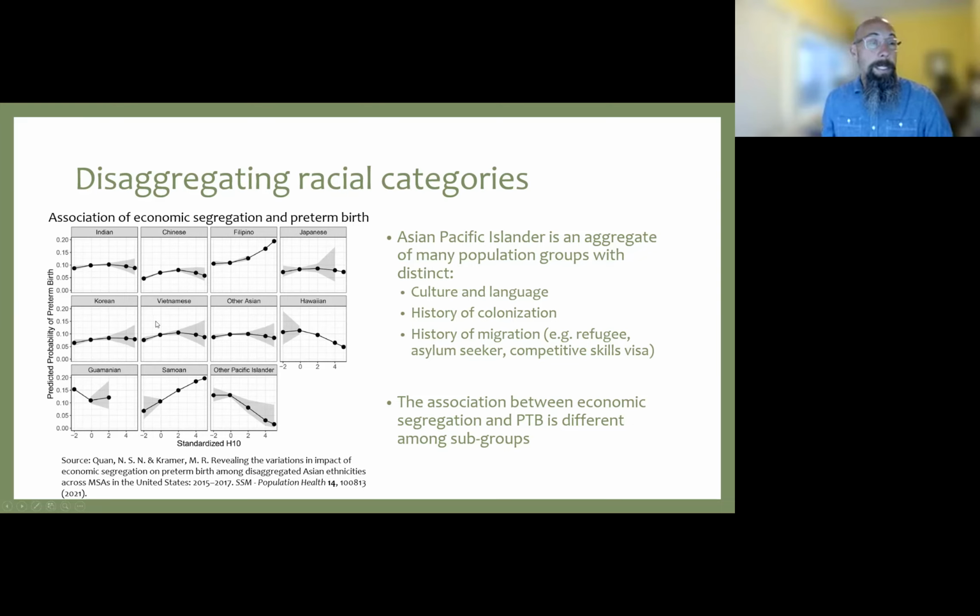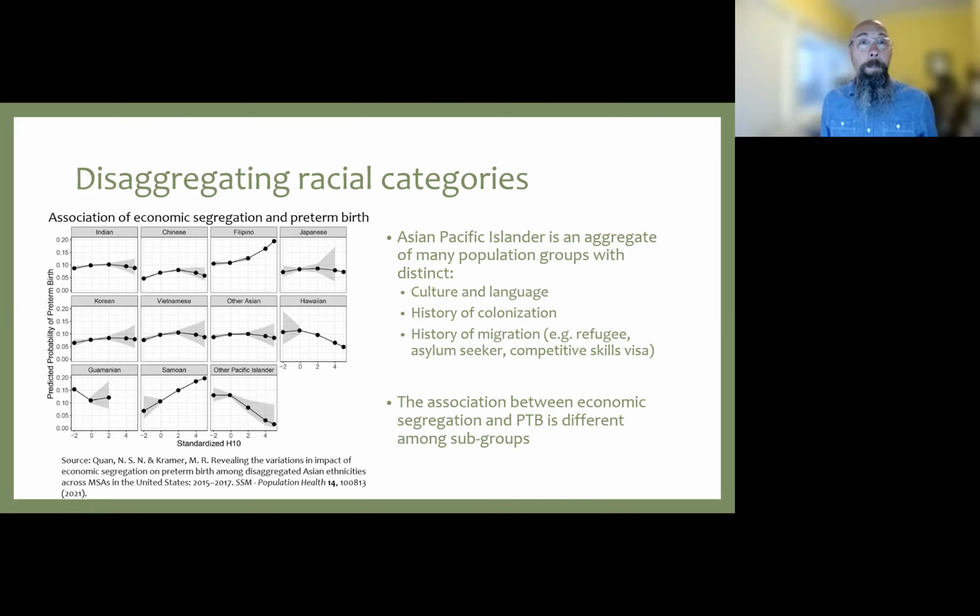And what you see is that there's kind of a null relationship for many groups, but for Filipinos and Samoans, maybe a little bit for Koreans, there's a different relationship where increased segregation is associated with increased risk. There's a lot to be said about that. The differences between these groups are about differences of culture and language, but also differences of the history of colonization.